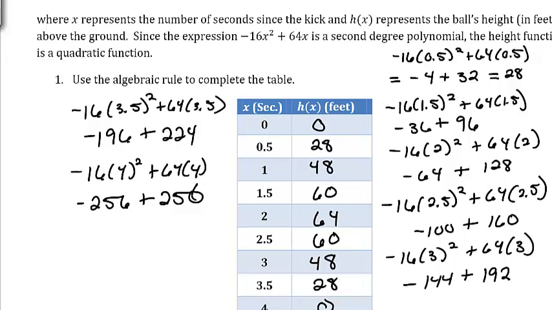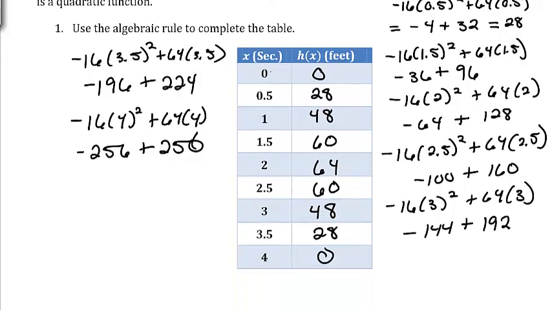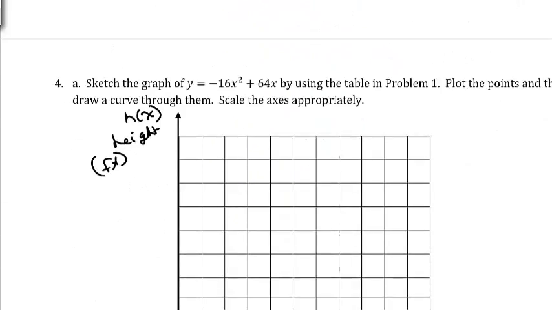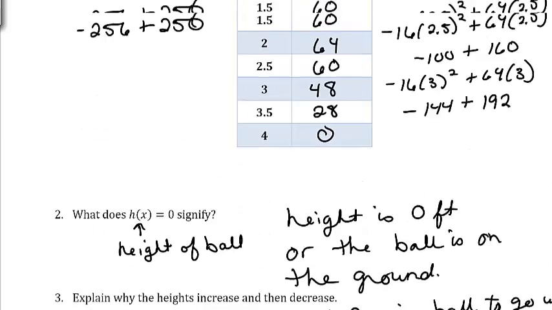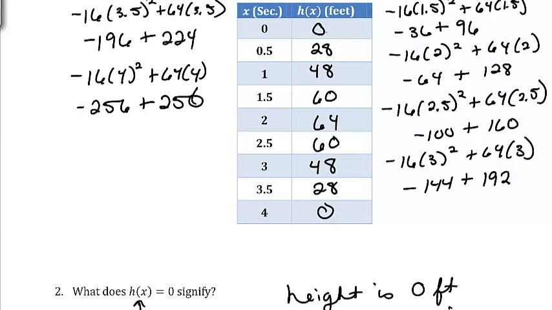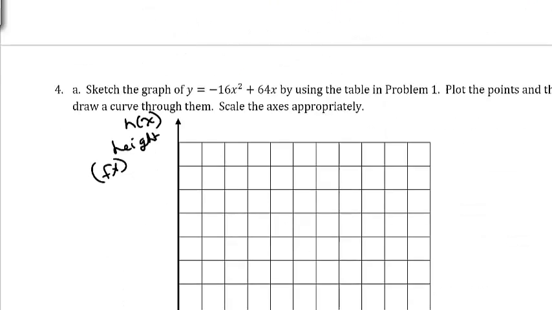Okay, so we need to go from 0 to 4 on the x-axis. 1, 2, 3, 4, 5, 6, 7, 8. So they gave us more than 8, so we'll go every other. 1, 2, 3, 4, 5. So each tick mark is 0.5. And then we need to go from 0 at least up to 64, and I'm going to assume that that's going to be the highest point. 0 to 64 on the y-axis.